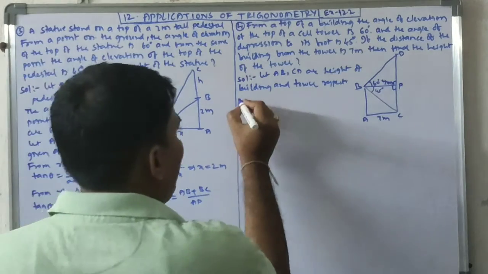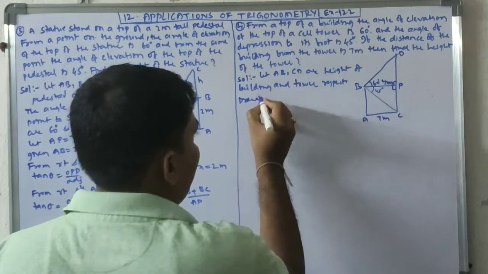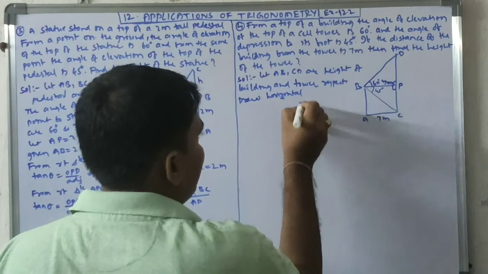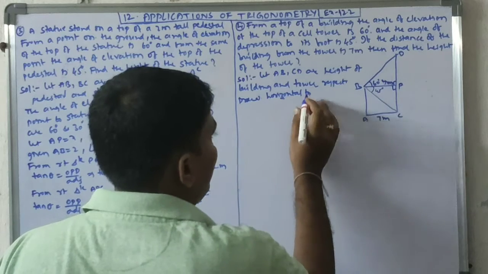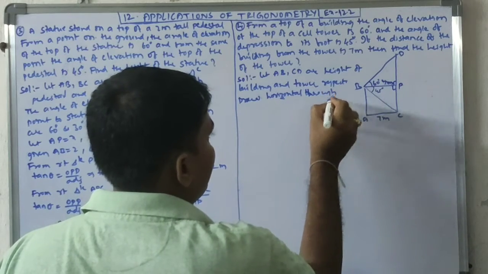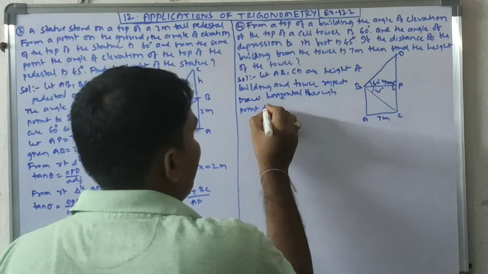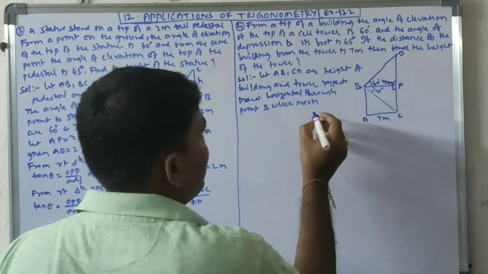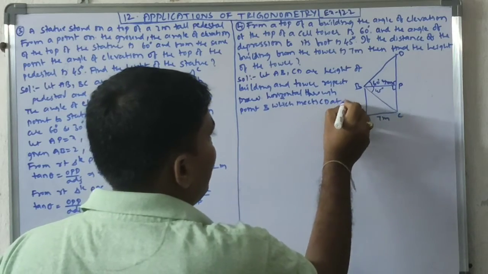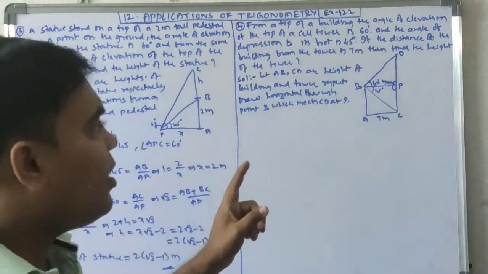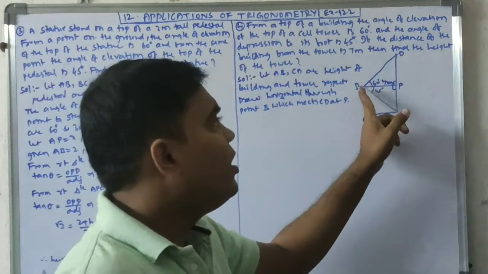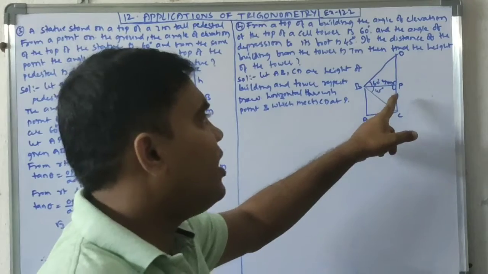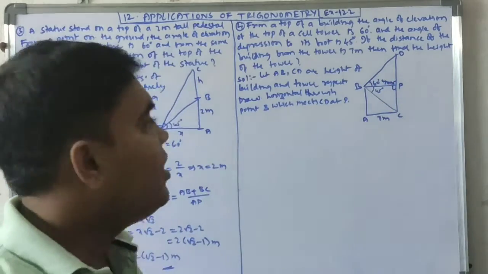So draw a horizontal line through point B which meets CD at P. If it is a horizontal line and CD is vertical, then automatically the angle between them is 90 degrees.